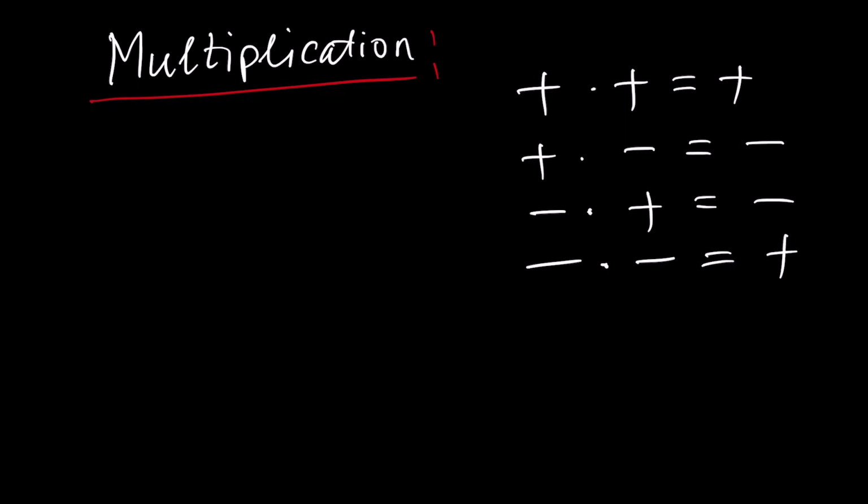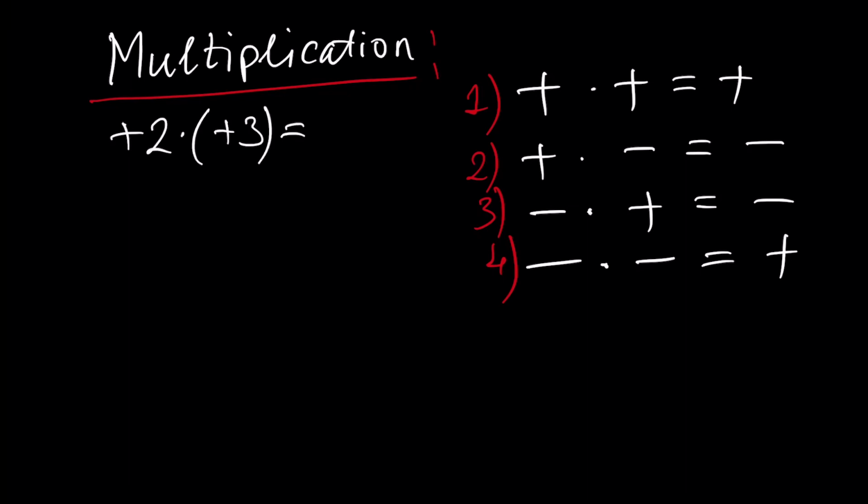Assume these are rule number 1, 2, 3, and 4. If we have plus 2 times plus 3, we just multiply the absolute values of 2 and 3. This will be 6, and the sign will be plus, since plus times plus is plus.